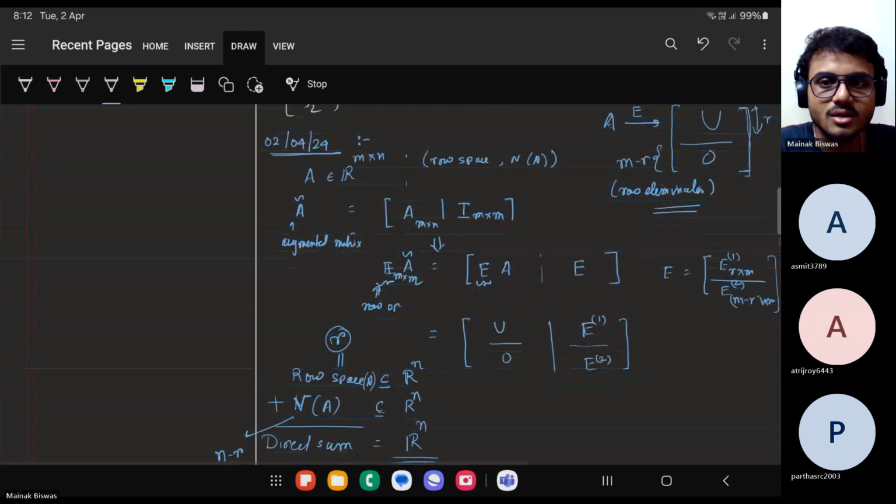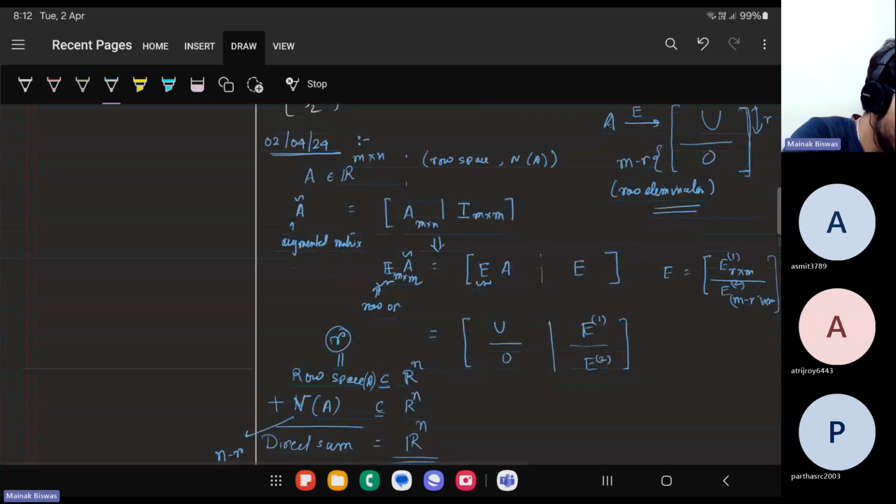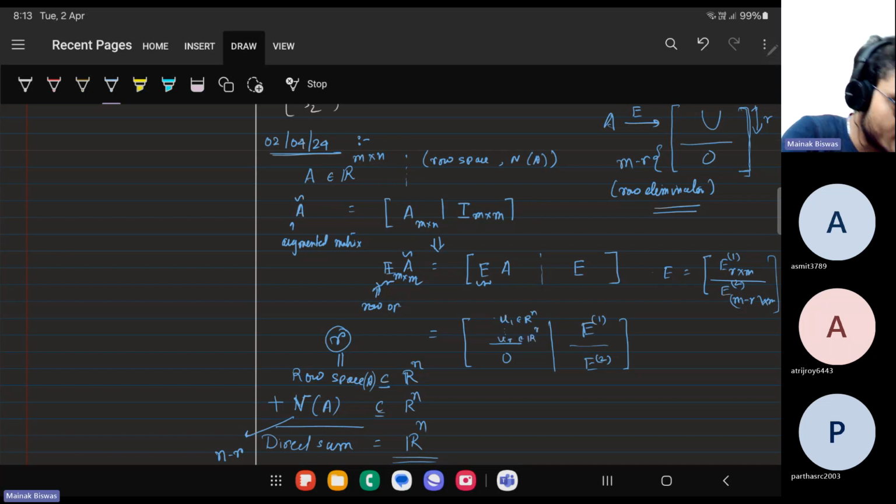Any? So these belong to R to the power n, right? So u1 will belong to R to the power n, and ur will belong to R to the power n, right? I have just appended A with I. So what do you think E2 is giving me?